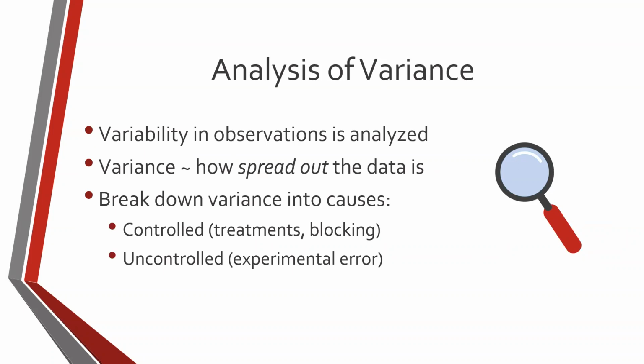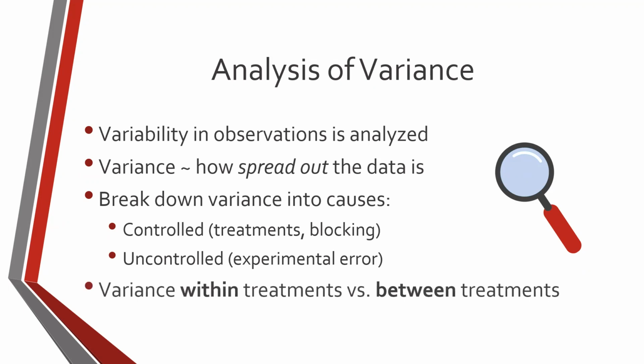You have controlled variability from the treatments and the blocking structure, if you used one, and then you have the experimental error, which is uncontrolled. Basically, if the observed differences are due to chance, then the variance between the treatments would agree with the variance within treatments. That is really the whole theory of what we're looking at in this analysis.